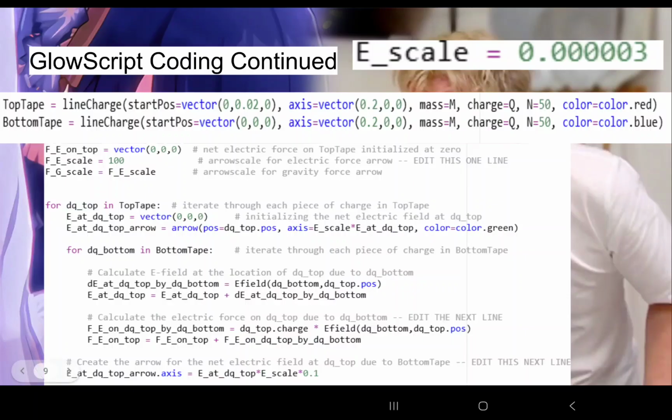For these parts of the code, we create our scale and both of the tapes, and then the bottom part of the code uses the superposition principle to find the net electric field, and then we use that to find the net electric force.